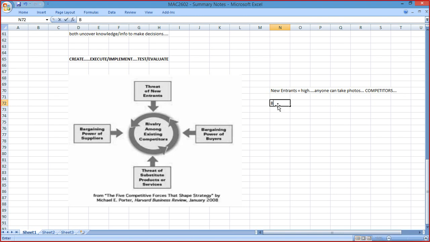Yes, sir. Okay, in terms of bargaining power of the buyers, who are the buyers? The customers, right? Yeah, your customers, yes. So how would you describe the bargaining power of your customer? Can they or do they have lots of leverage?